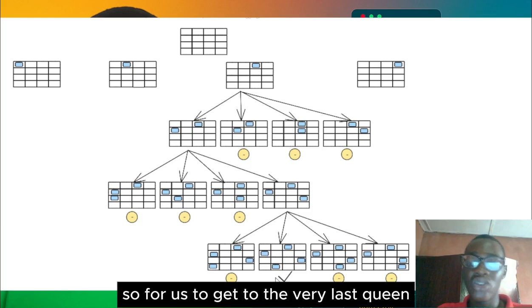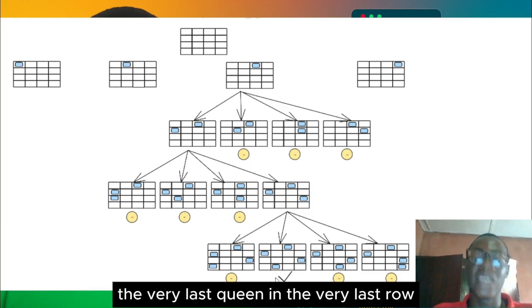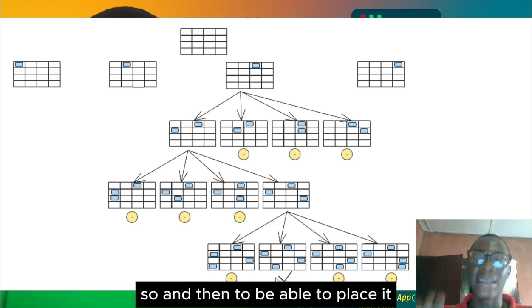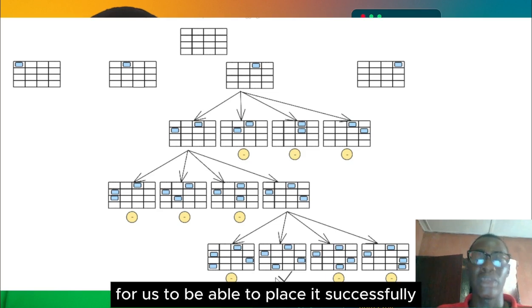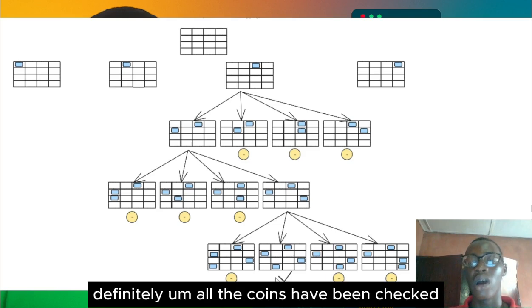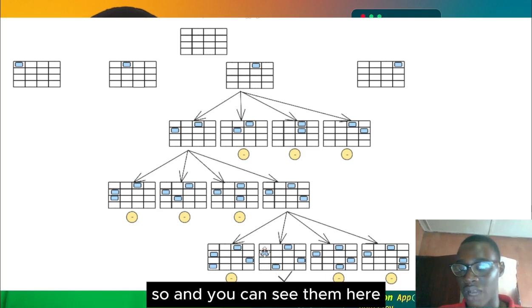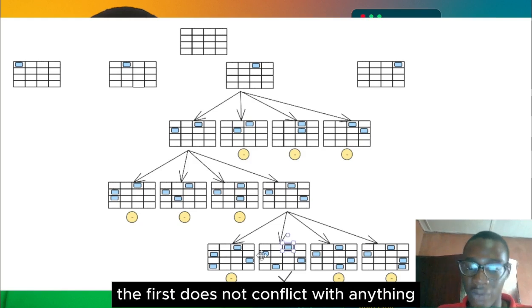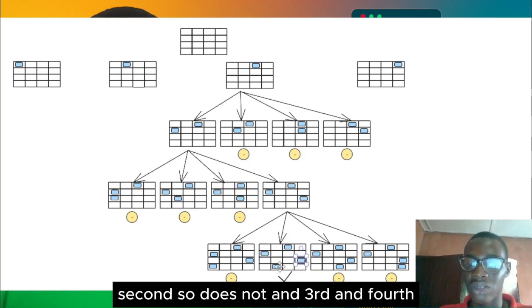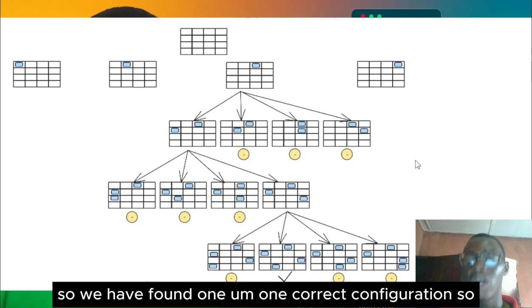So for us to place the very last queen in the very last row successfully, all the queens before it must have been placed successfully. You can see them here. The first does not conflict with anything, the second also does not, and the third and fourth. So we have found one correct configuration.